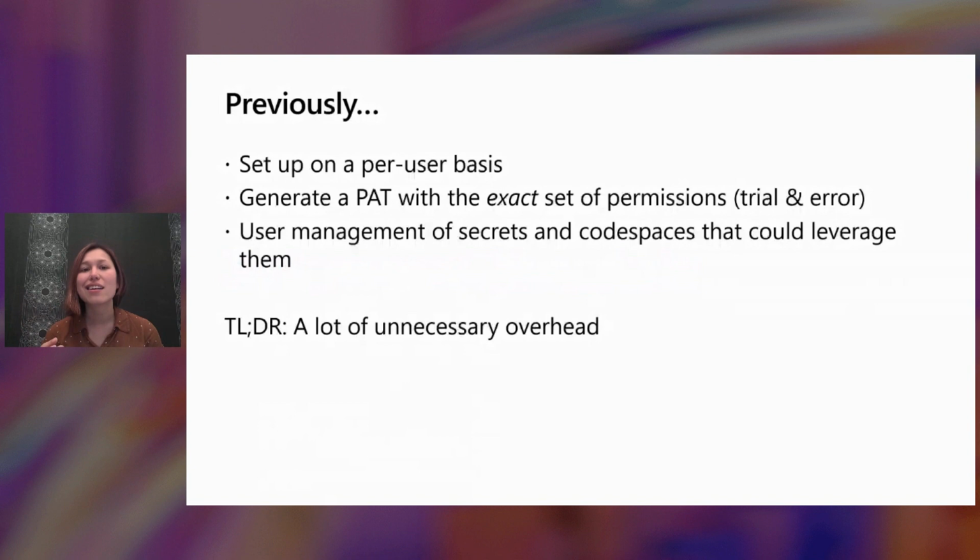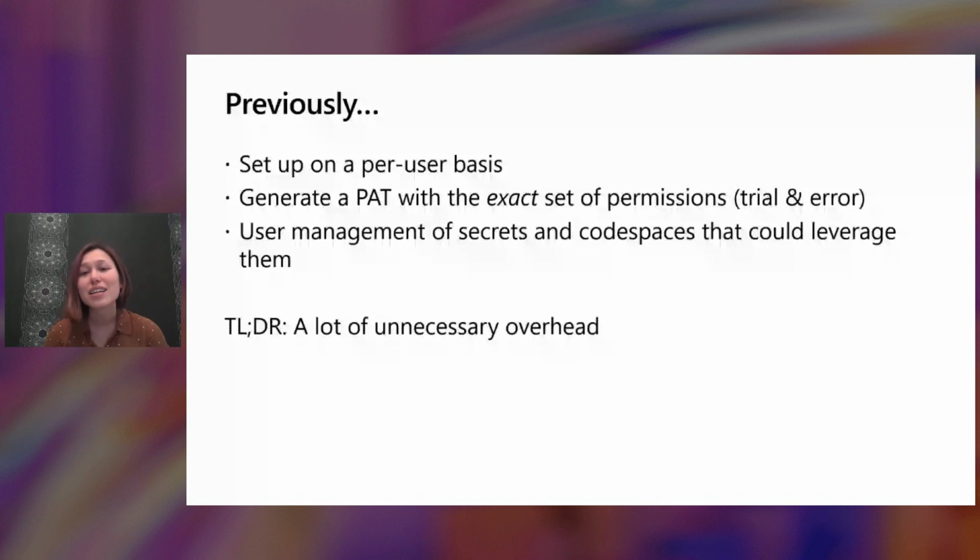And getting that personal access token, or PAT, to be exactly right for your needs was often a case of trial and error. And then once you figured it out, you have to figure out how to tell the rest of your coworkers how to do it for themselves. It was really on a per user basis, and we heard this was a headache.